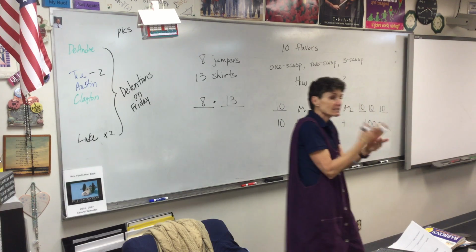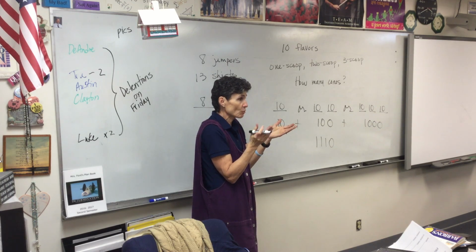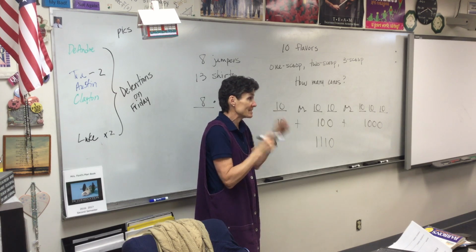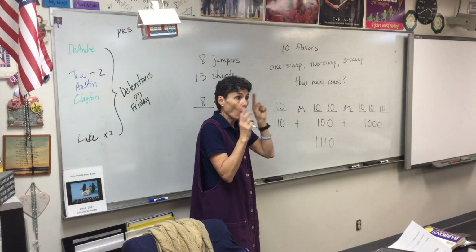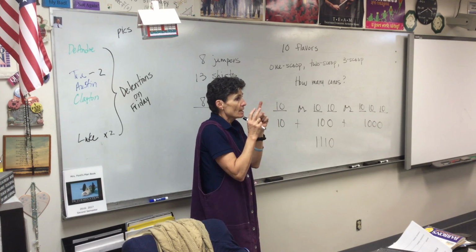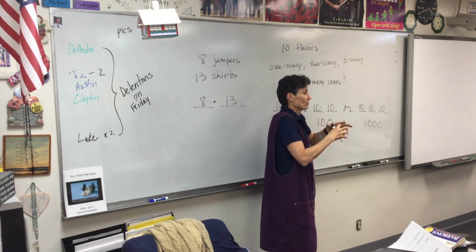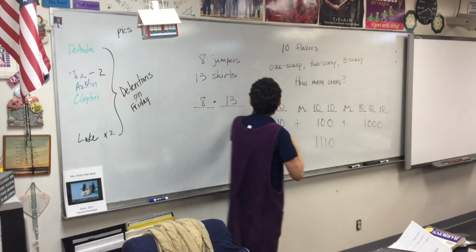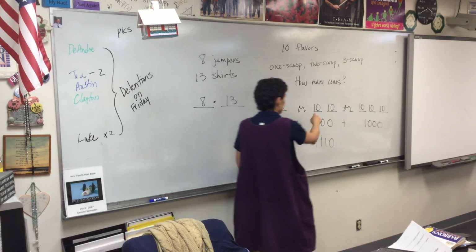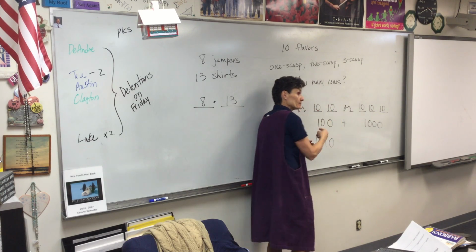So here is another issue. Now, you guys are all wound up, and that's okay, but I'm telling you, this is a hard unit. Only because you really have to think. When we are doing things together and picking a jumper and a shirt, picking scoop 1 and scoop 2, you multiply them.